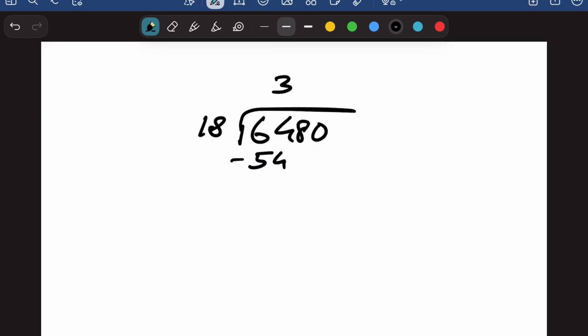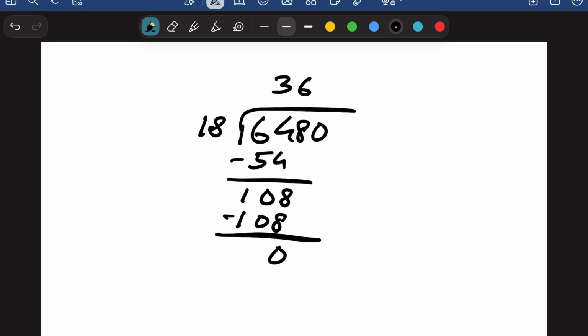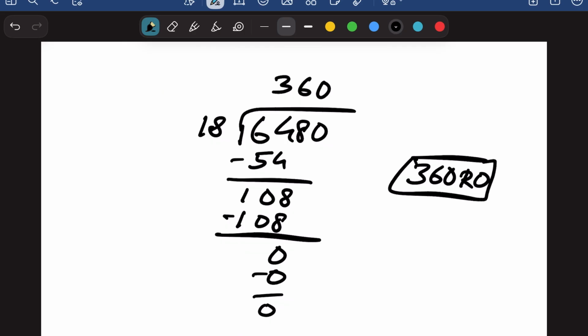So 64 minus 54 is 10, and then the 8 comes down. 18 times 4 is 72. 18 times 5 is 90. 18 times 6 is 108. Then the 0 comes down. So 18 times 0 is 0. And we see that we have the same answer, 360 with a 0 remainder.